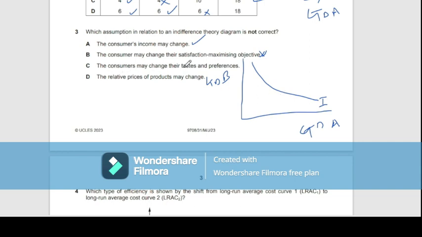C, the consumer may change their taste and preference. Yes, this is what we are calling the marginal rate of substitution.